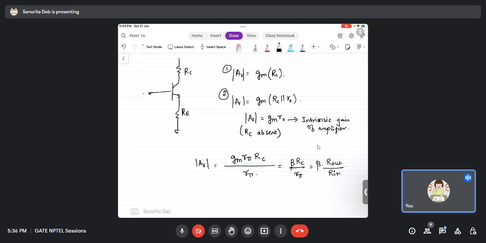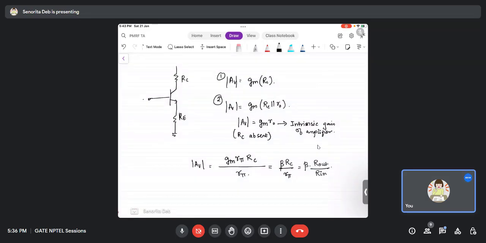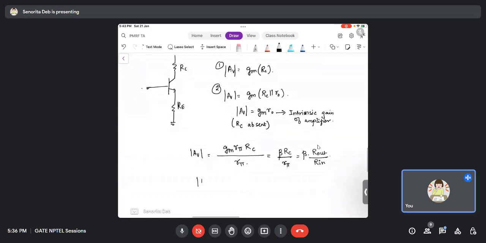And therefore, in the presence of RE, if I now use this formula, beta into R out by R in, so beta into RC upon what was R in? R pi plus 1 plus beta RE, just the one that we just saw.